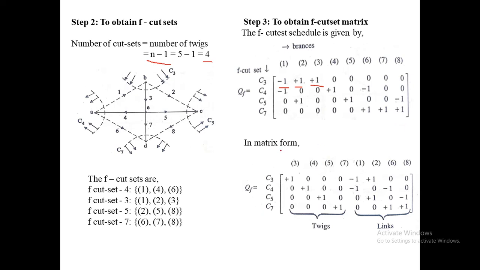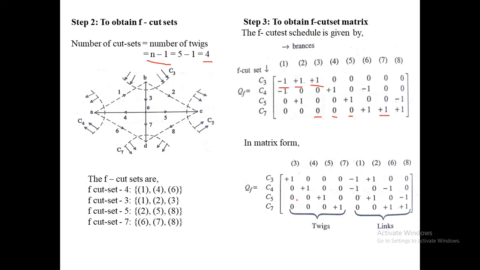Next, we have to form the matrix. Here we know that it has 4 columns, so we have to create the 4 cross 4 identity matrix. In the diagonal, we write the plus 1 values. From this, we select the identity matrix. This is first, then this is second, this is third, and this is fourth.